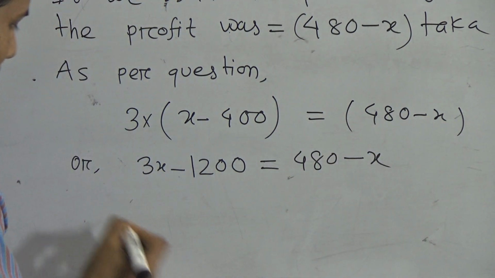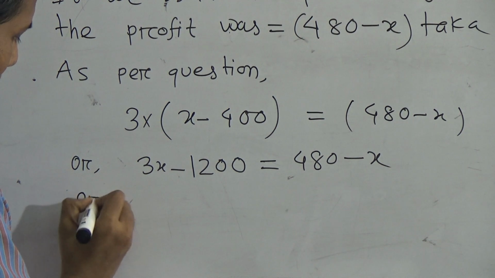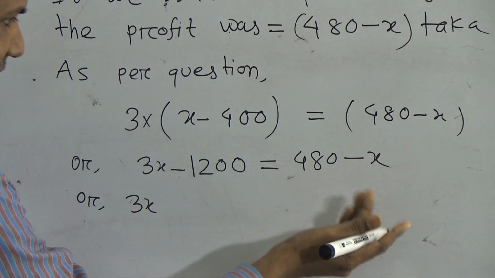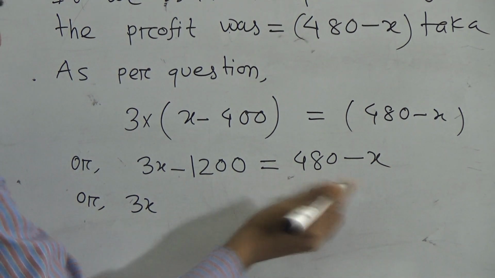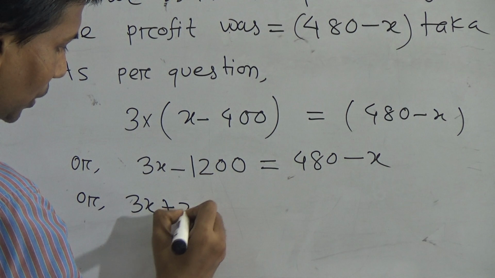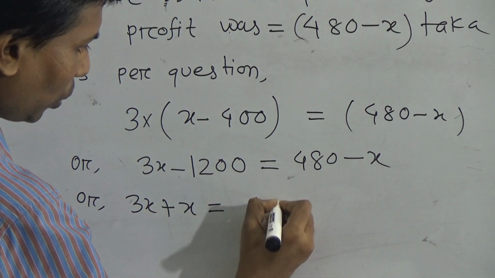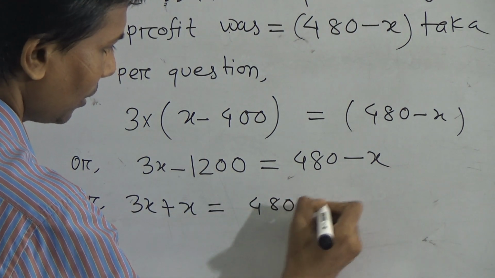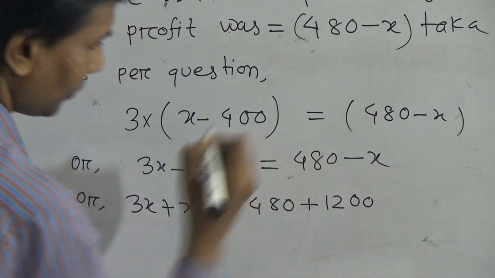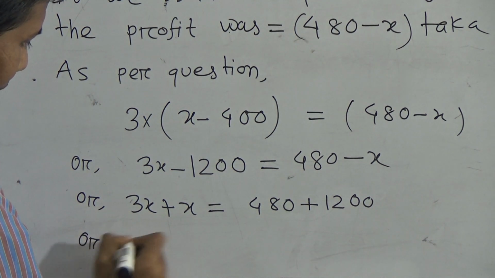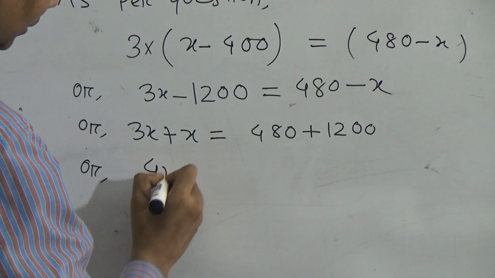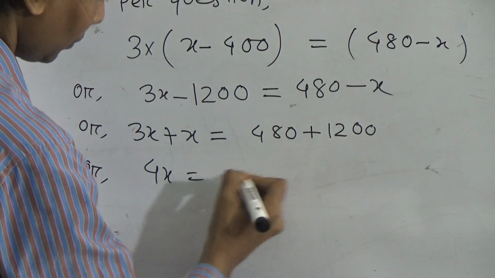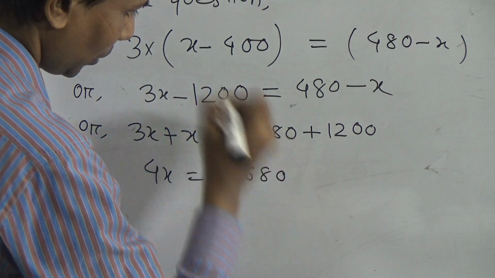Using the transposition law, this is minus x; when it is transferred to the left side, it will be plus. So 3x plus x, that means 4x, equals 1200 plus 480.